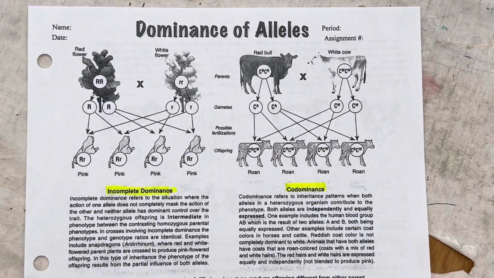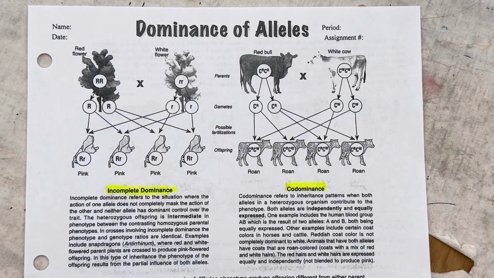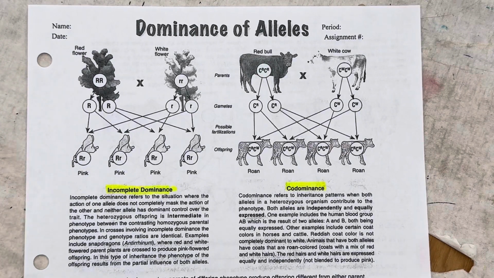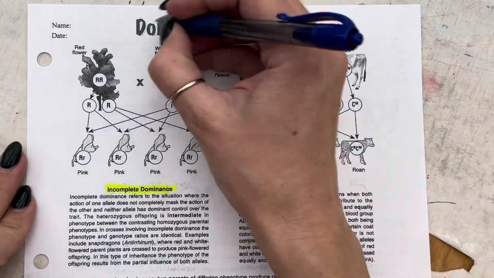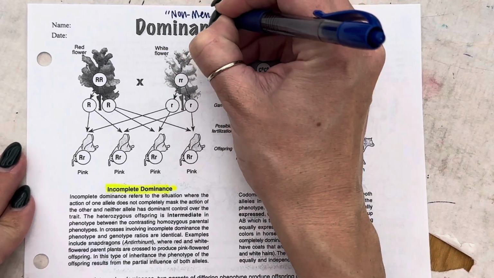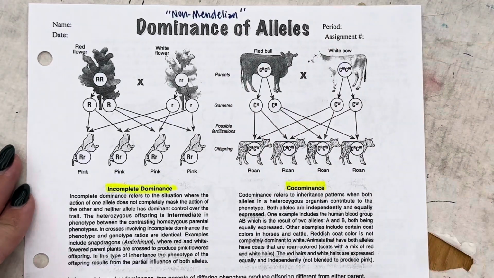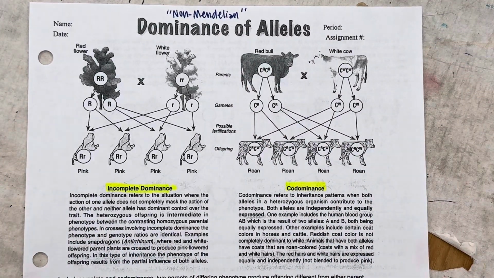Previously we were operating under simple, what we call Mendelian genetics, where one allele completely dominates over the other. Here we are calling this more non-Mendelian: traits where we have alleles that might not necessarily completely dominate over another.